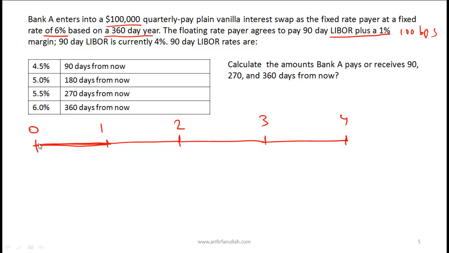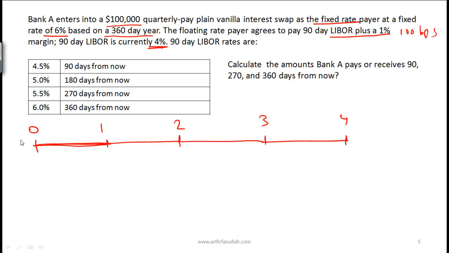Now the LIBOR initially is 4%. So LIBOR initially is 4%, but the floating rate payer, let's see who's the floating rate payer. So A enters into a 100,000 swap as the fixed rate payer. So in all these examples, we can figure out how much A is paying, and B is the floating rate payer. So we'll figure out how much B will pay and figure out the net difference.